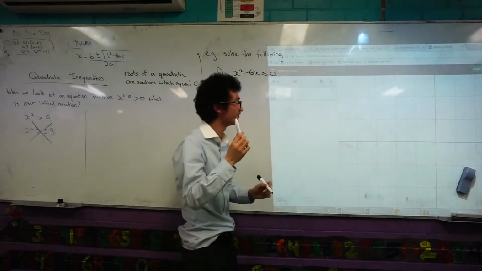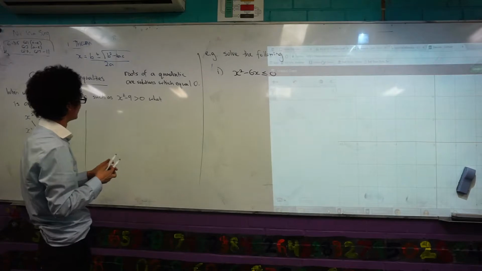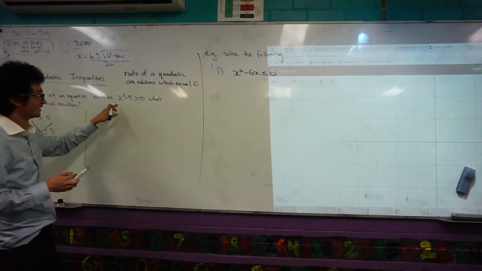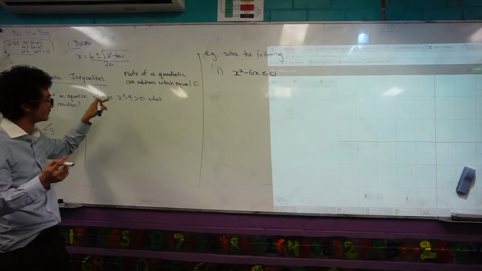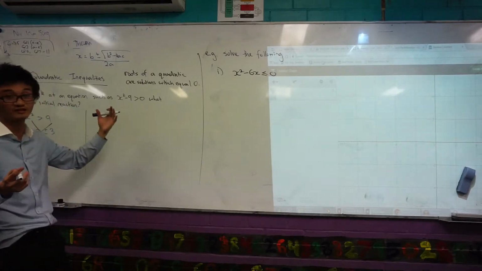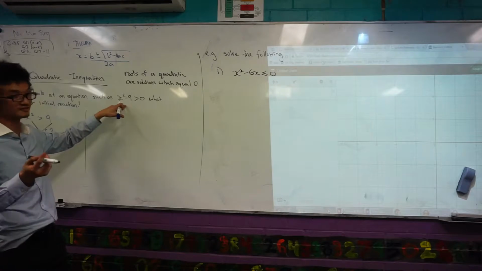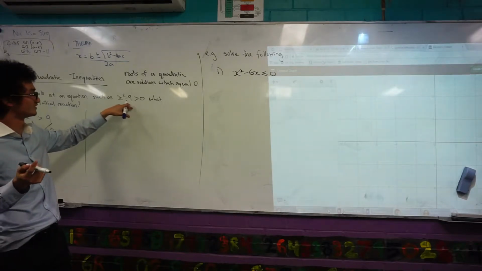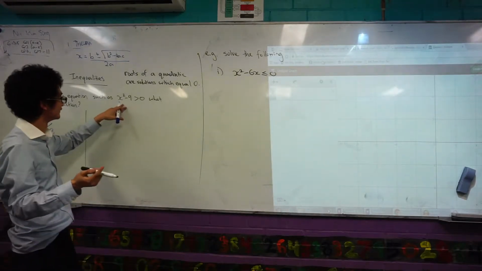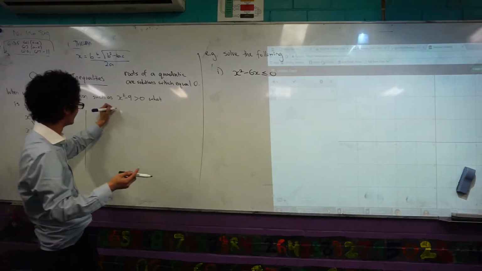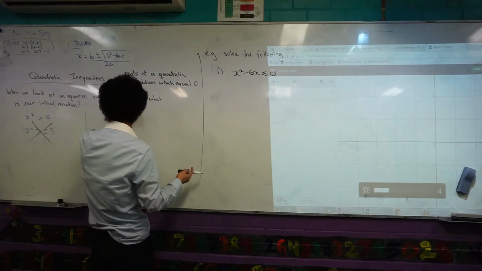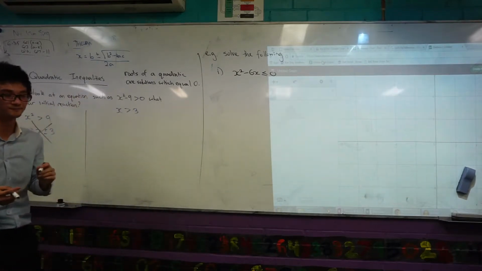Another initial method that people think about is to just think about it intuitively. I can say x squared minus 9 is greater than 0, so I can just plug in numbers. Obviously 3 squared minus 9 is 0. So then I can just say 4, and 5, and 6. So all the ones where x is greater than positive 3 work.